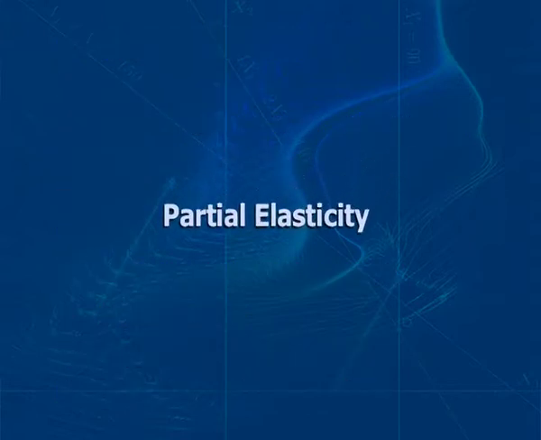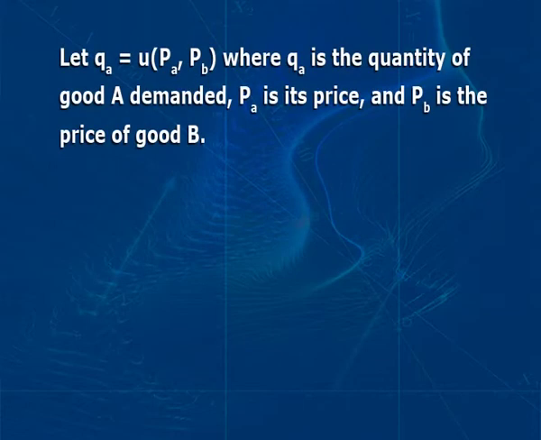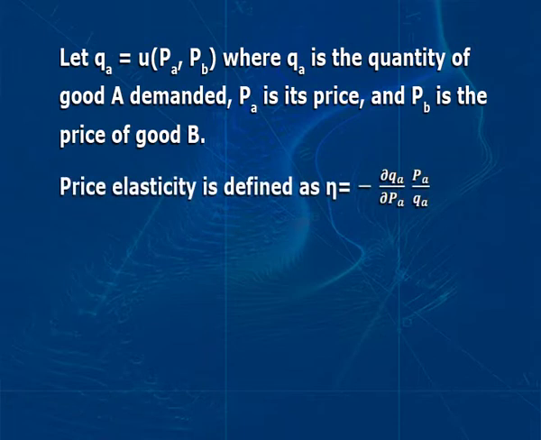Partial elasticity. Let QA is equal to U of PA, PB, where QA is the quantity of good A demanded, PA is its price, and PB is the price of good B. Price elasticity is defined as eta, which is equal to minus del QA over del PA into PA upon QA.